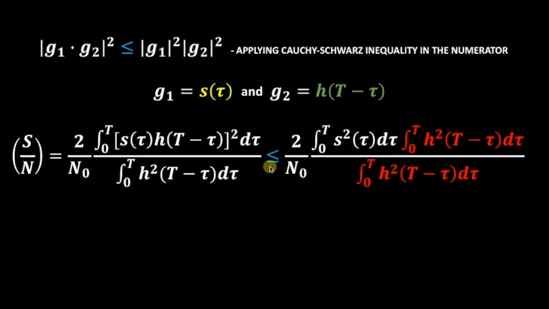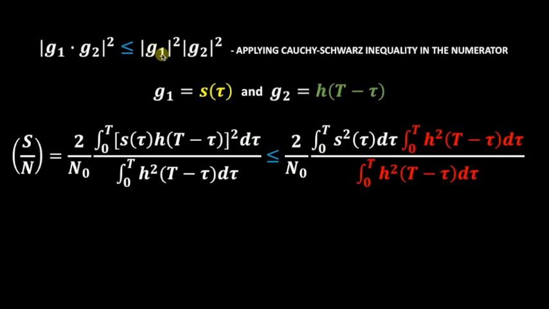Now why is that so? Because we are going to expand this term. Since these two are somewhat similar, we can rewrite this term into this term. So what we're going to have is the integral from 0 to t of s square of tau d tau, because we said here that the magnitude square of the dot product of G1 and G2 will always be less than or equal to the magnitude square of G1 multiplied by the magnitude square of G2.